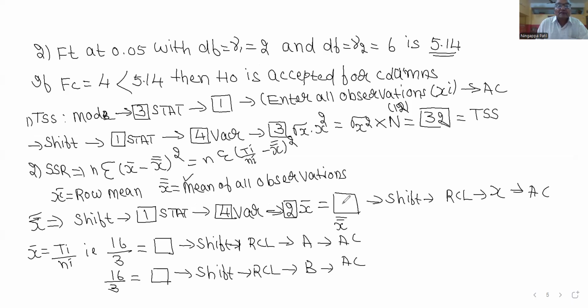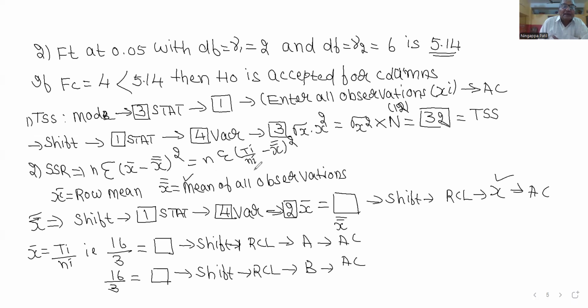Whatever you get is x double bar, and I want to use it in calculations, so you can store it in the calculator itself. Shift RCL and X: you store it in the letter X, and press the AC button.